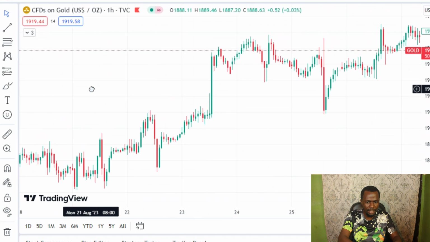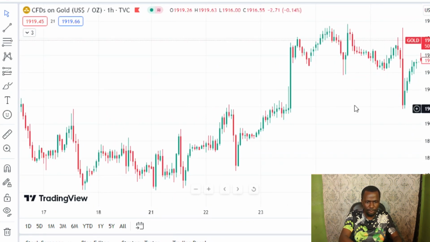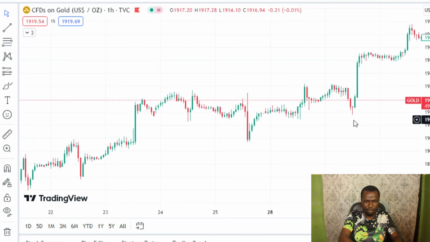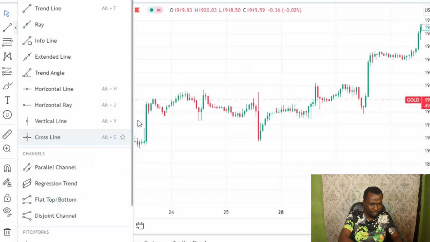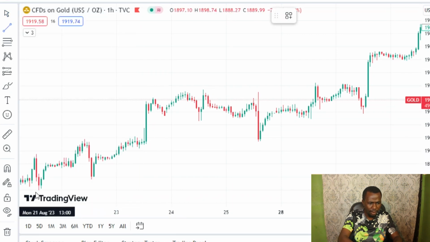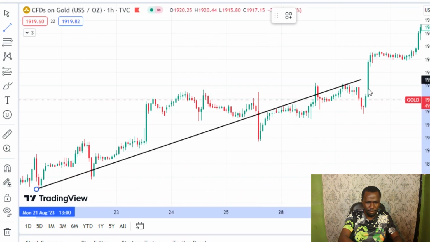So this is clearly an uptrend. So where are the lows? These are the lows, right? So what do you do? You plot out your trend line, and connect it. Are you seeing it now?